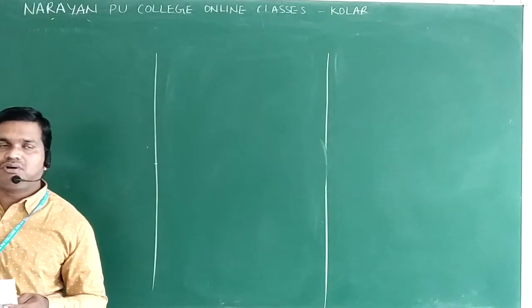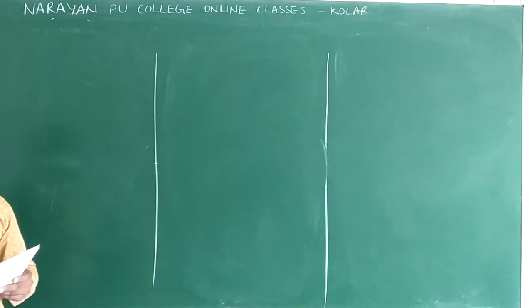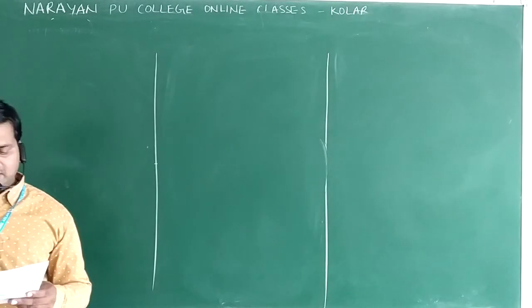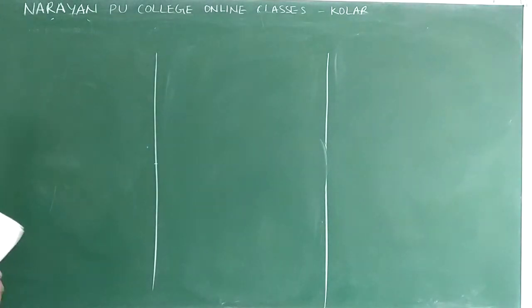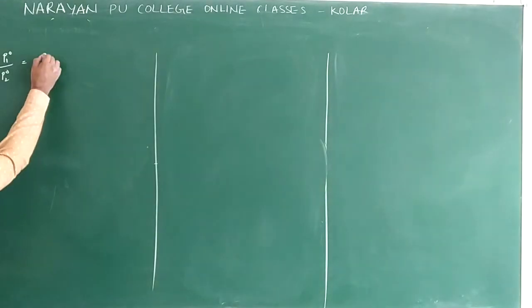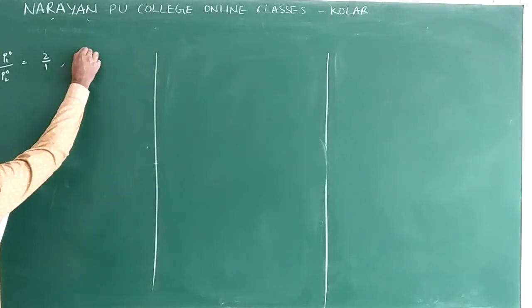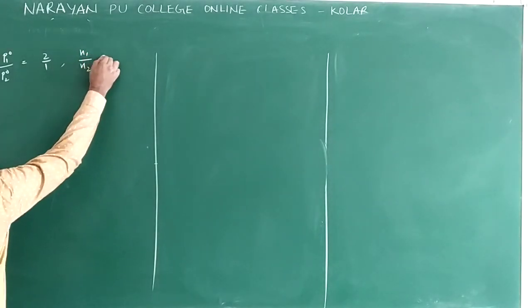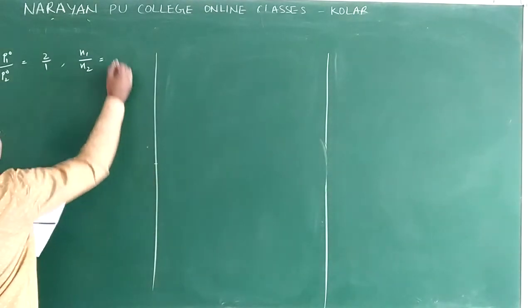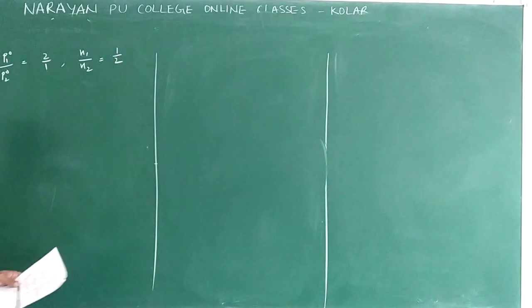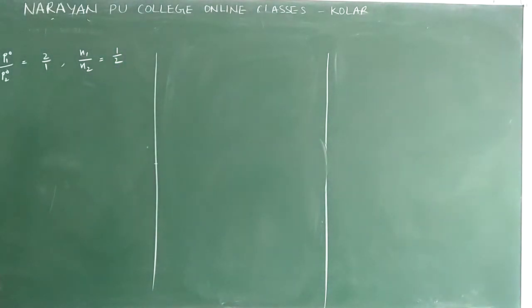Clear? What is given here? The P1 naught by P2 naught ratio is given, that is 2:1, so 2 by 1 only. And their mole ratio N1 by N2 is also given, that is 1 by 2 only.